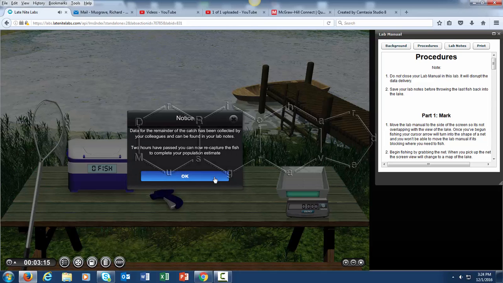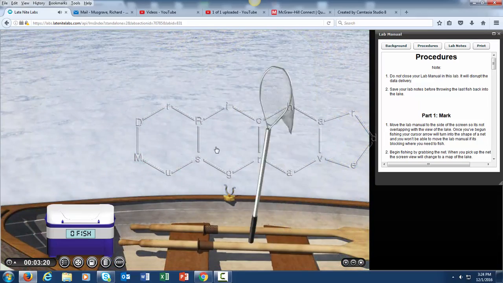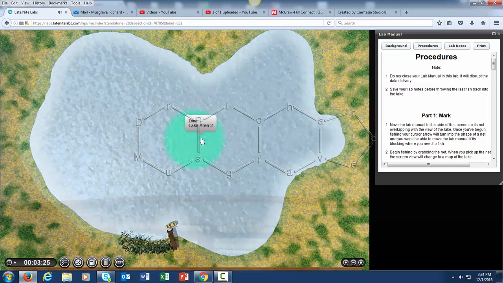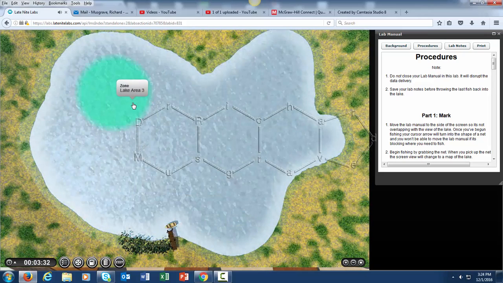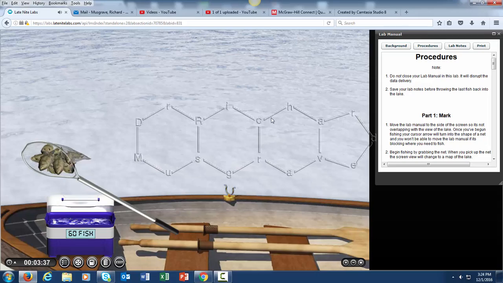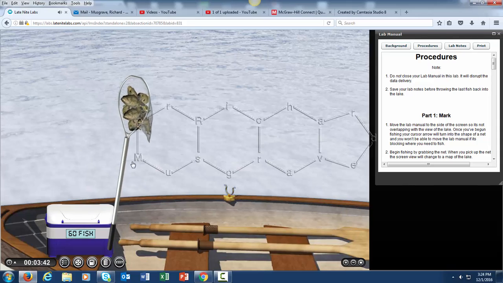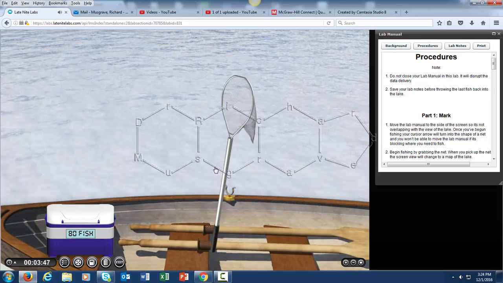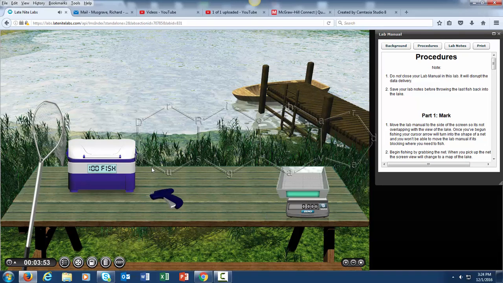Alright, so now 2 hours have passed, I can go recapture fish. Do the same thing. So now I'm going to repeat the process.